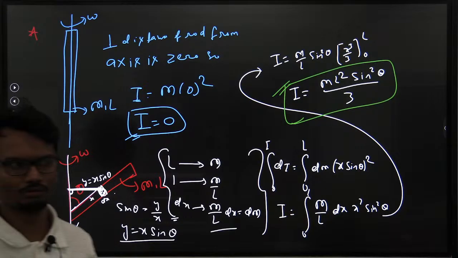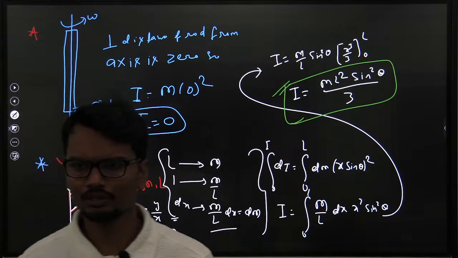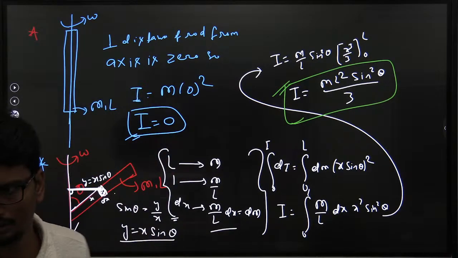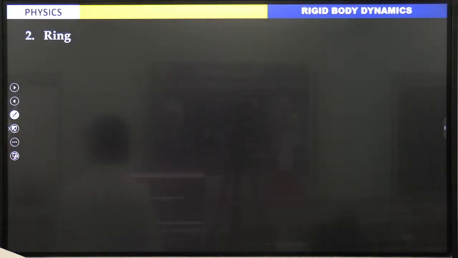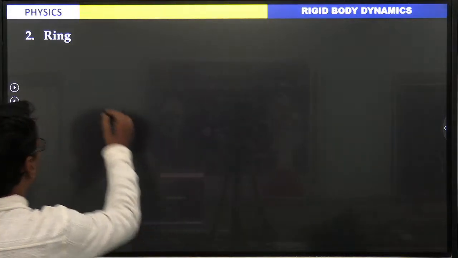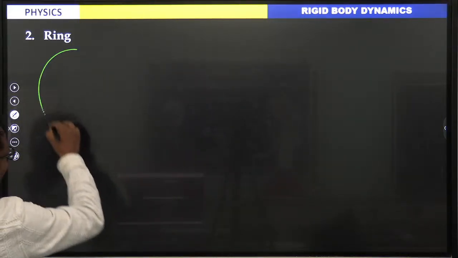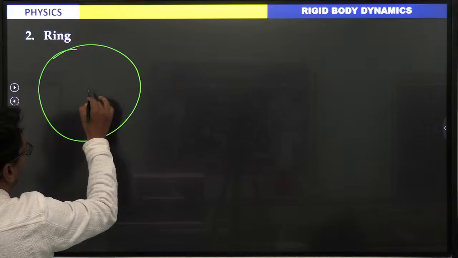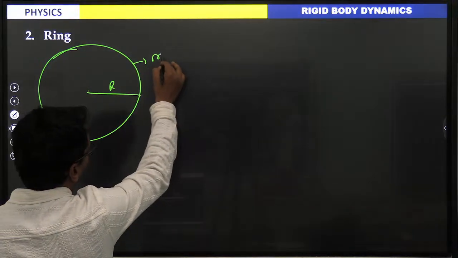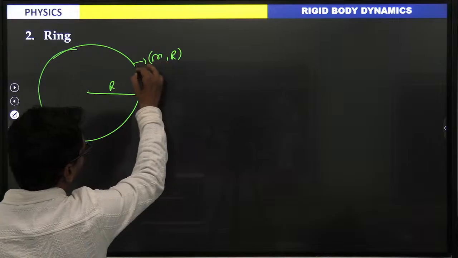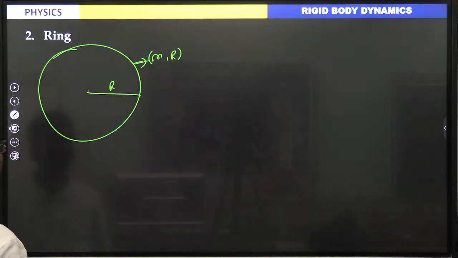Now I am going to find the moment of inertia of another geometrical figure, the ring. Clear? So you can look here. This is the ring, with mass m and radius r.